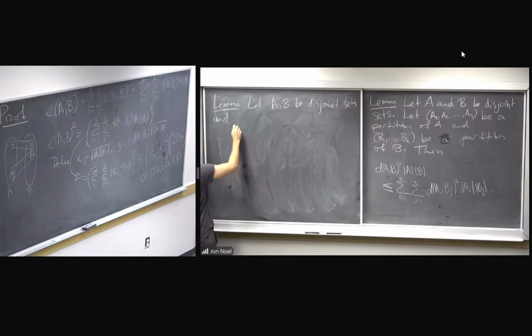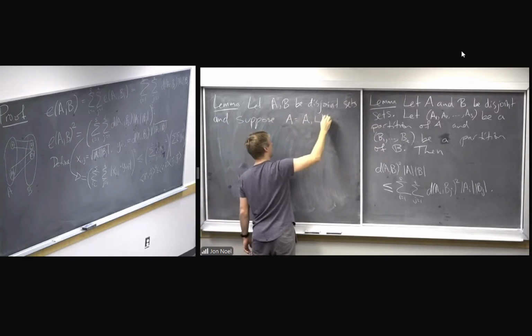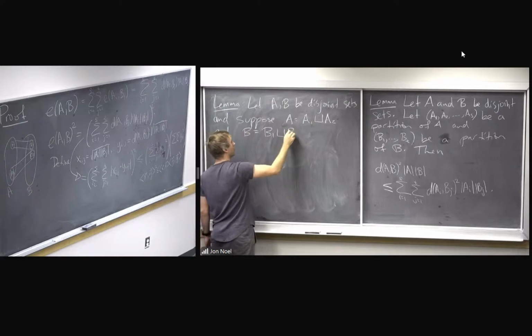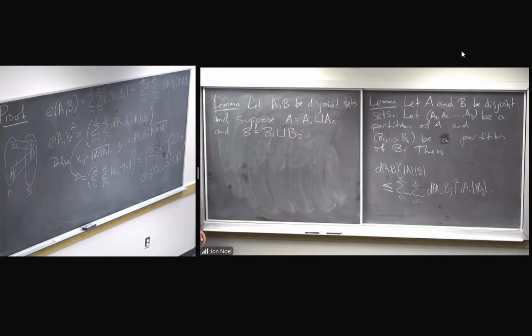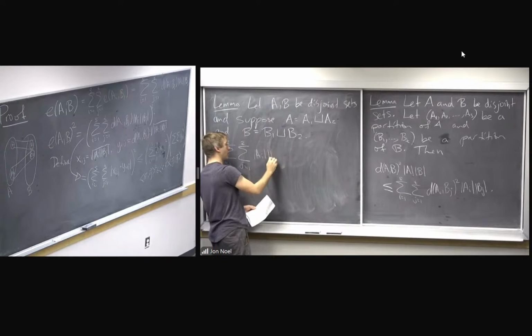So suppose A is the disjoint union of A1 and A2, and B is the disjoint union of B1 and B2. So what I want to show is that, again, we're going to look at this kind of quantity.